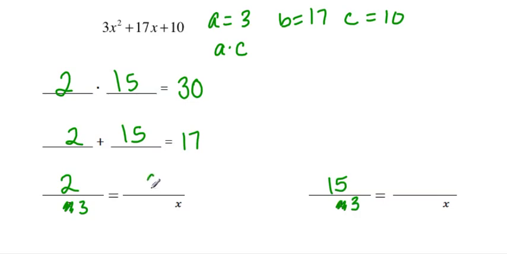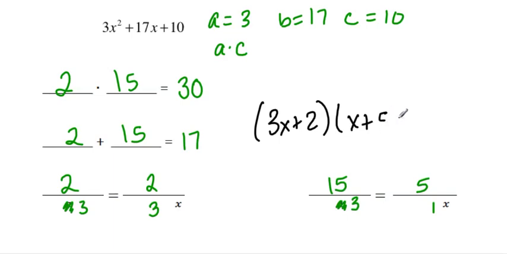Now I reduce, so I have 2 and 3. And this right here, 3 will go into both, so 5 and 1. And then I can write my answer. So this answer is going to be 3x plus 2 and x plus 5. And if you FOIL that out, you would get this back.